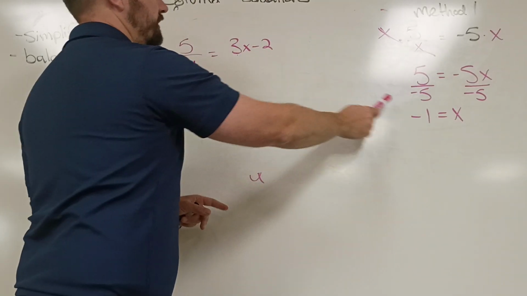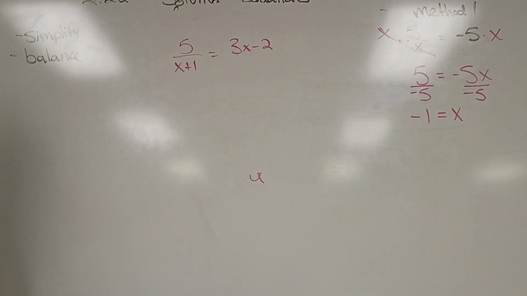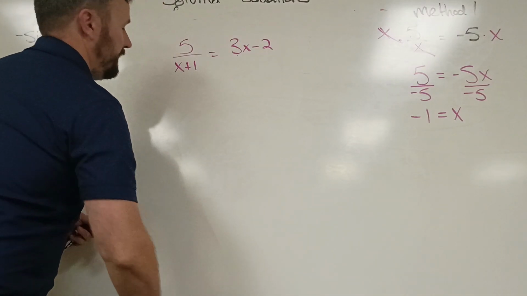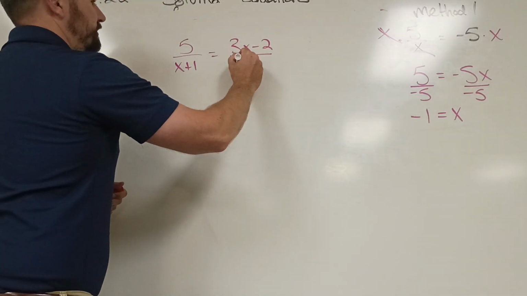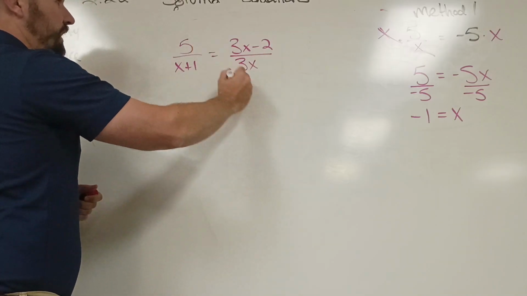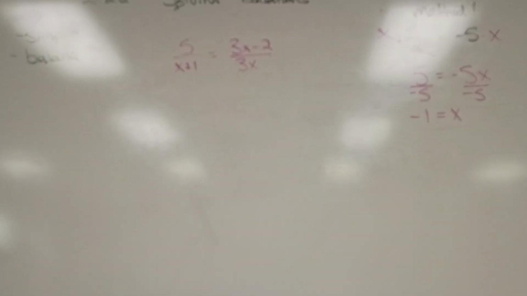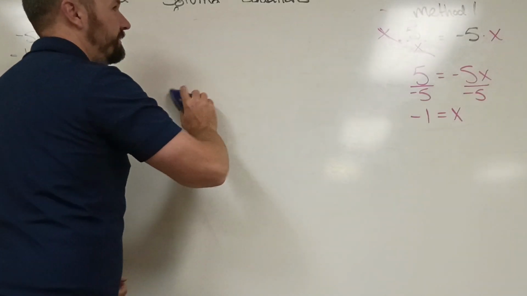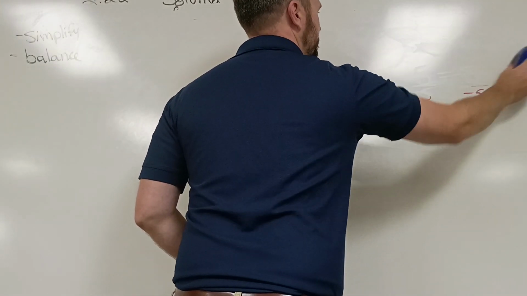If you have multiple, you're gonna do the multiply way, like multiply both sides, get rid of it. And if you had something like this, you would have to cross multiply and solve then. I don't think you have any of those yet. We're gonna be dealing with that later. Not yet. Good questions.